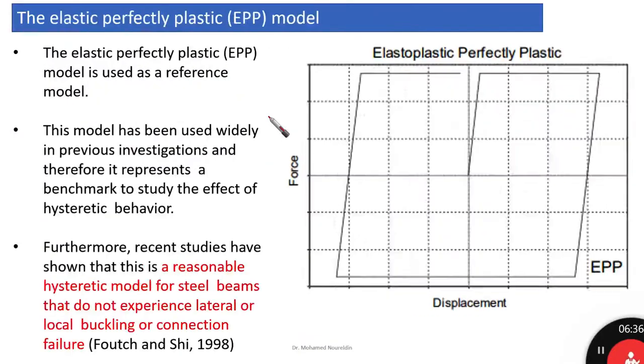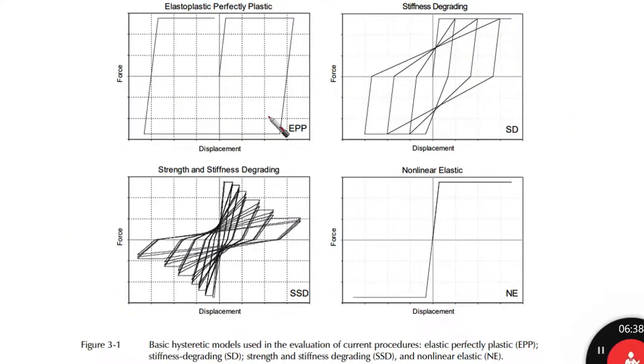As I said in the beginning of this series, we have 4 different hysteretic models, and whenever we use the FEMA displacement coefficient method, we multiply the displacement coming from a single degree of freedom system by different factors like C2 and C3 and so on.